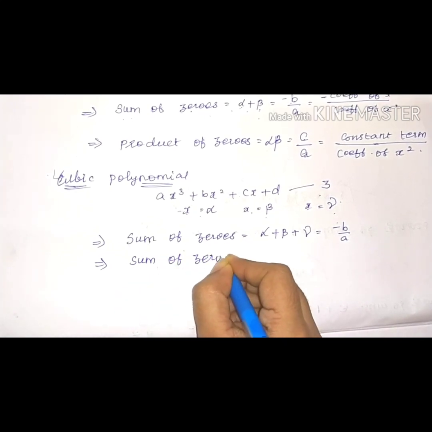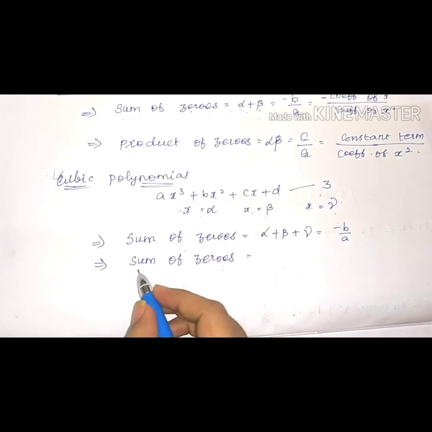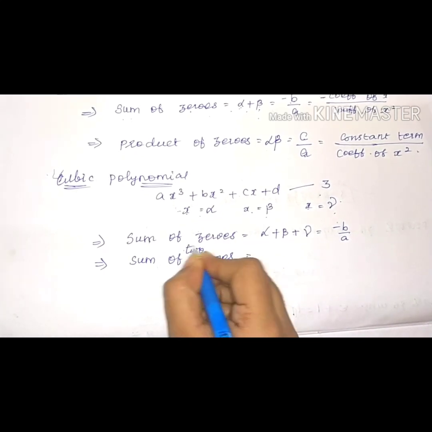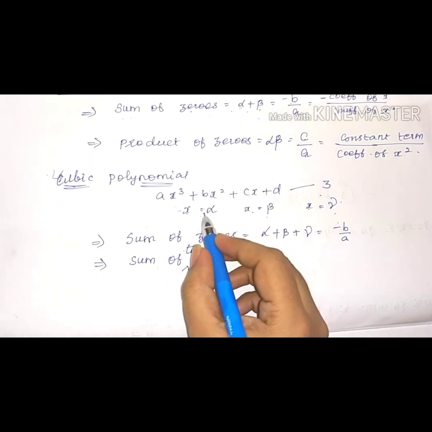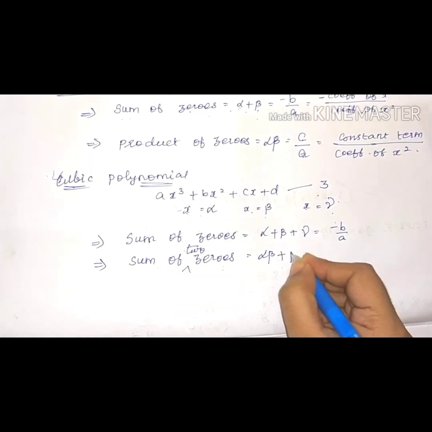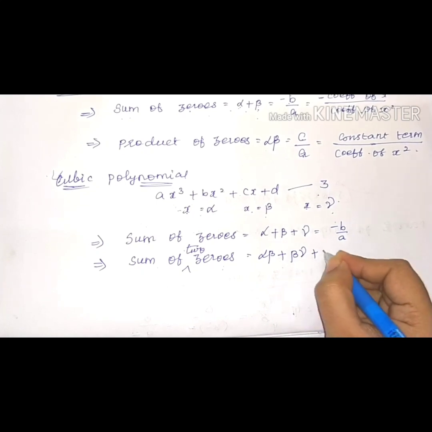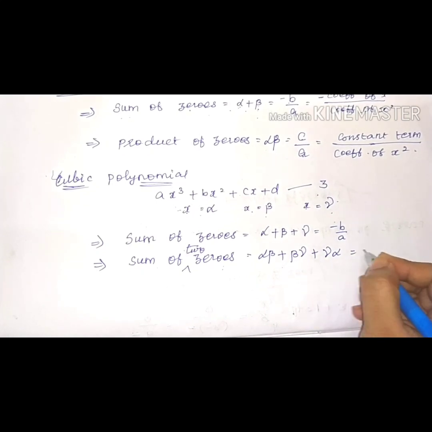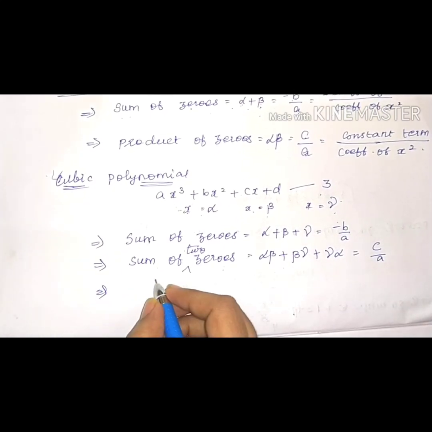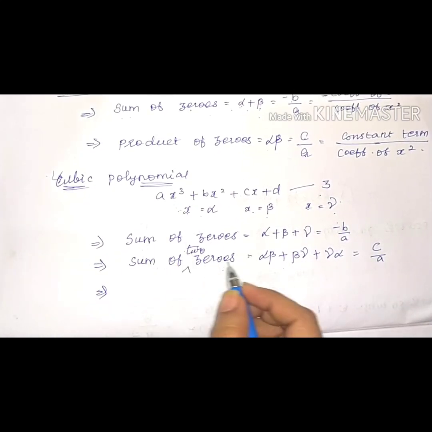First I add all the zeros separately. The second step, I am adding two zeros at a time: alpha beta plus beta gamma plus gamma alpha. The formula is c by a.